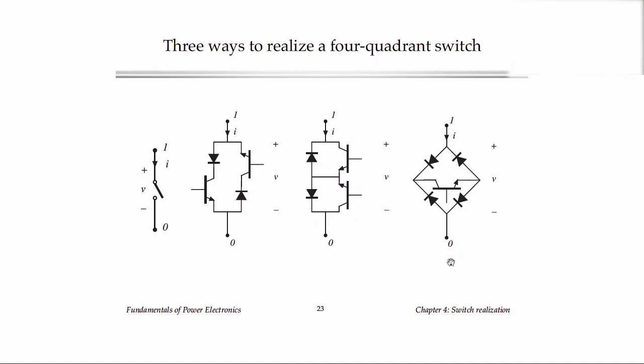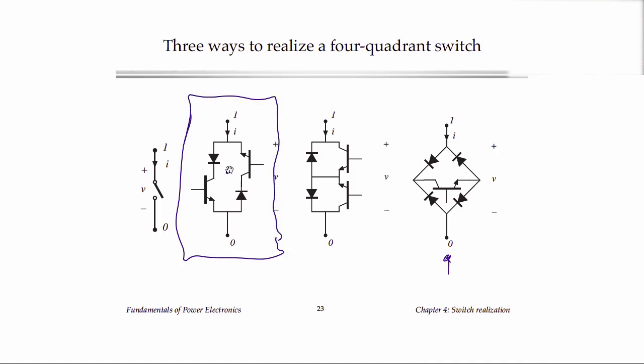And then the third case is not derived from any of the previous configurations. Basically, these diodes connect the transistor up in either direction as appropriate to conduct current in the right direction. And when the transistor's off, the switch network will block either polarity of voltage. The most commonly used version here when we need 4-quadrant switches is the first one.